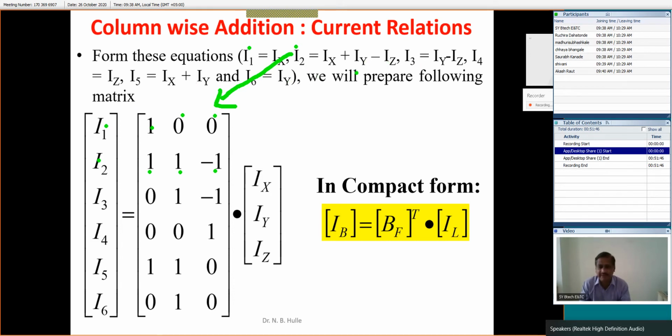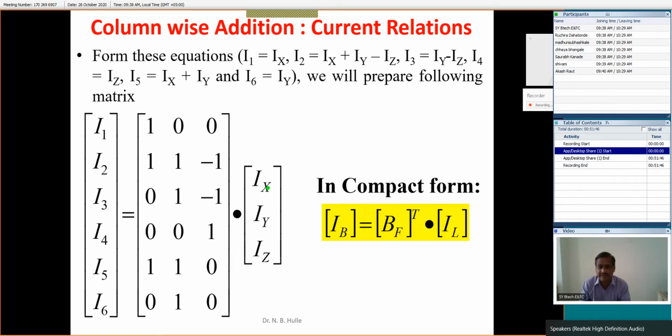And if we are putting all these equations, that is equation number 3, then equation number 4, then equation number 5, and finally equation number 6, we will get something like this matrix. Here, the branch current matrix is equal to this matrix into this current, and these currents are nothing but the loop currents or tie-set currents. There is Ix, Iy, and Iz.